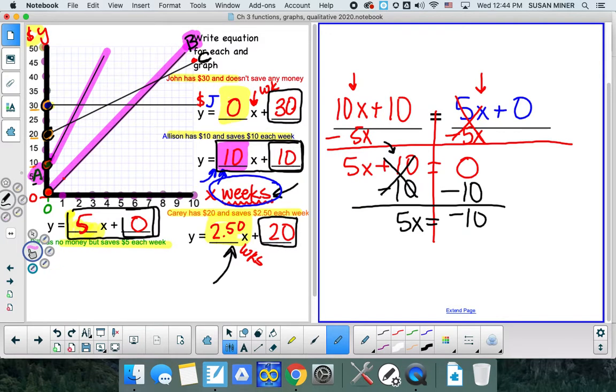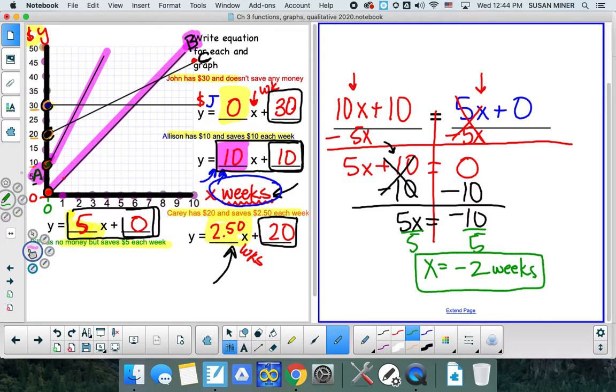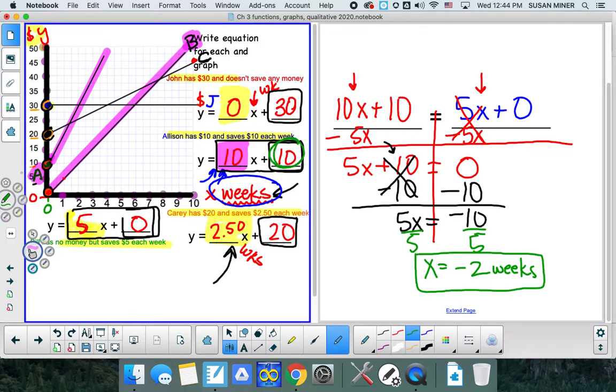And divide by 5 on both sides. And so x is going to be equal to negative 2. And that's weeks. Negative 2 weeks. What are we talking about? Well, really what's happening is Allison already started with more money than Bill.